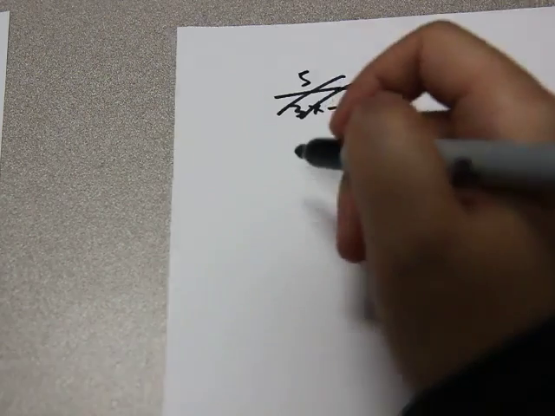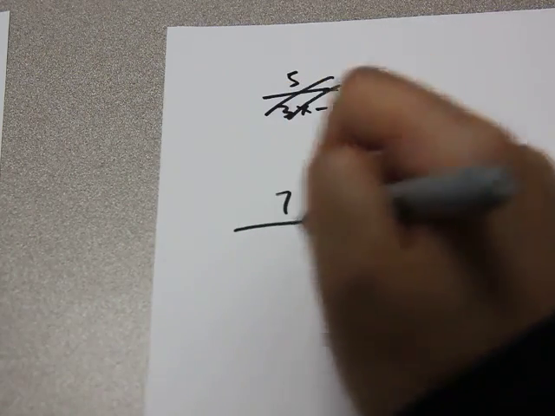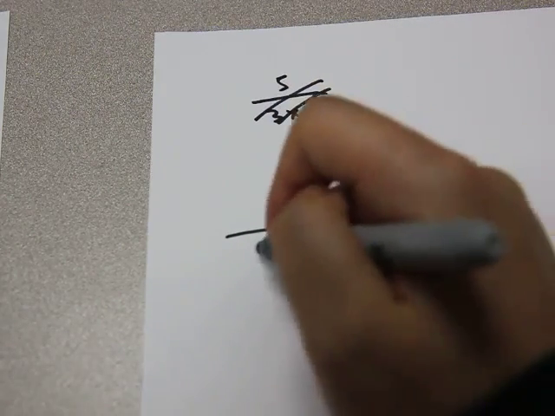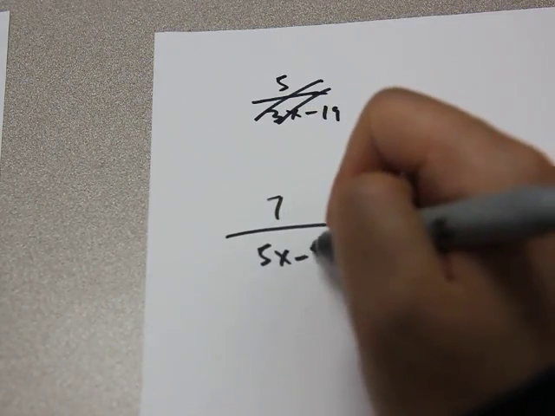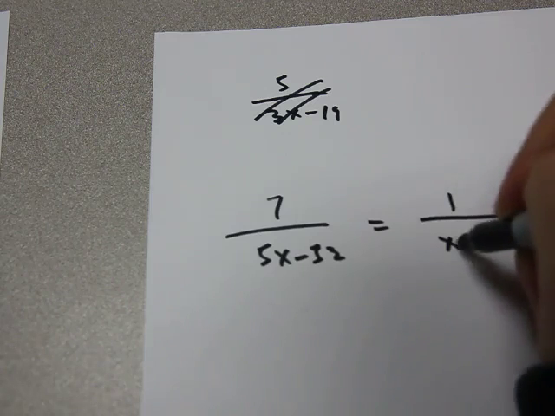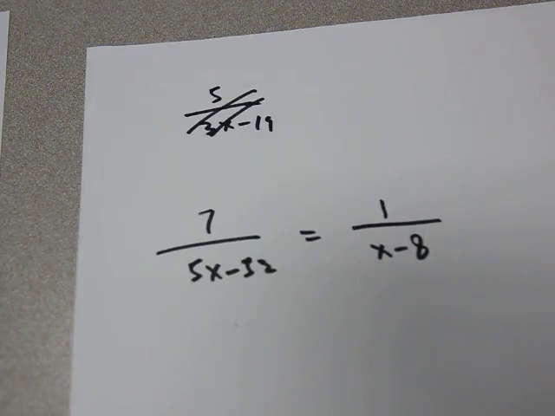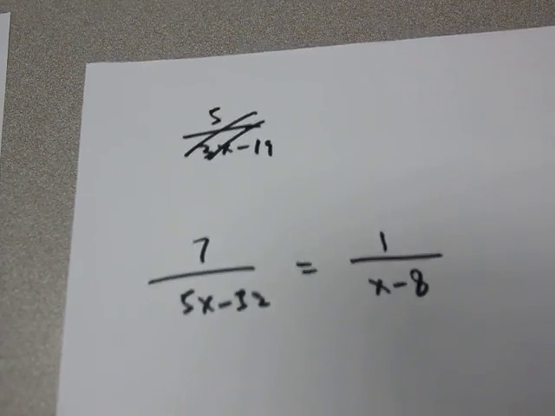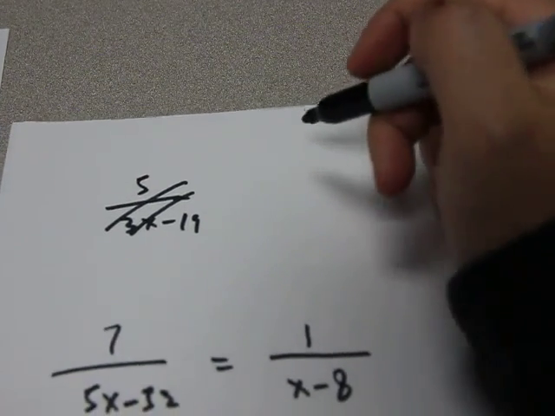If we have one expression on each side of the equation, we can solve this equation using a technique called cross multiplication. So let me show you what this technique is.